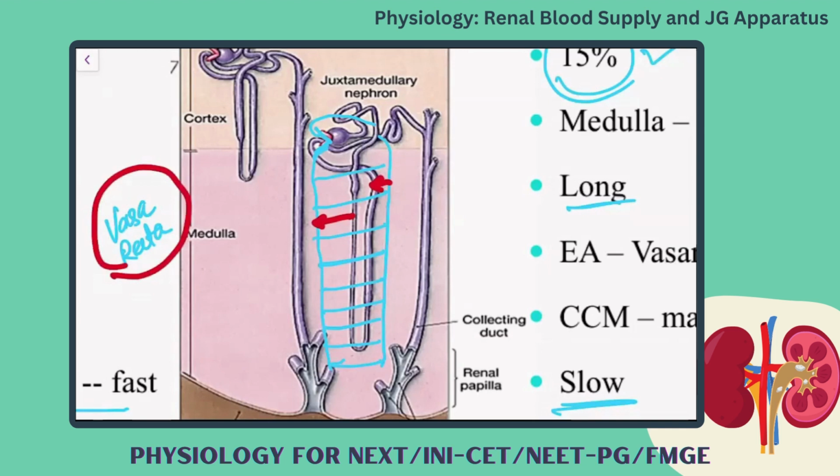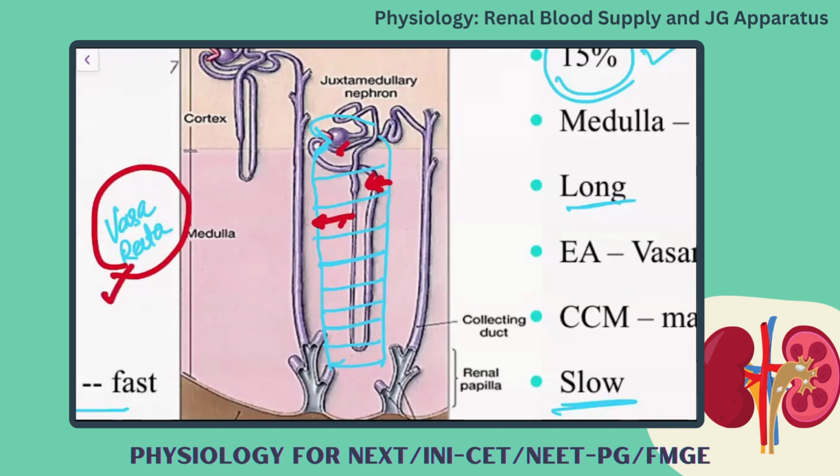In the formation of urine, we are going to see the tubular reabsorption at various segments: proximal convoluted tubule, loop of Henle, distal convoluted tubule. Everything we are going to see, where the contents are coming from and to where it is going, to the blood vessels. This is very, very important.